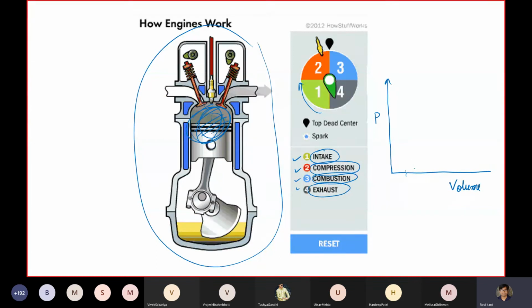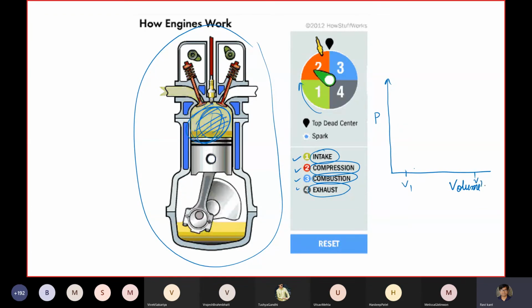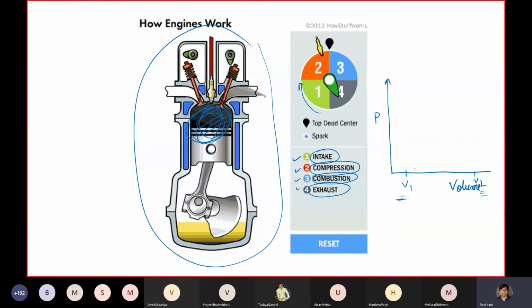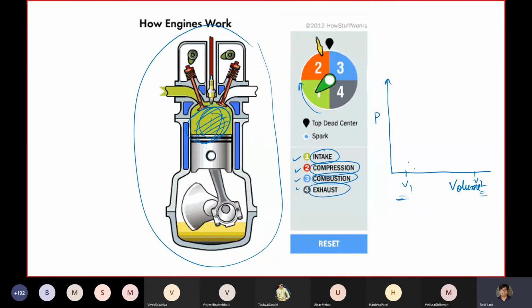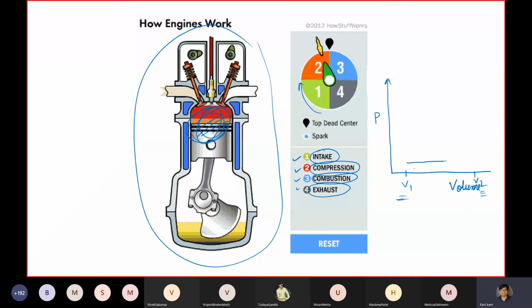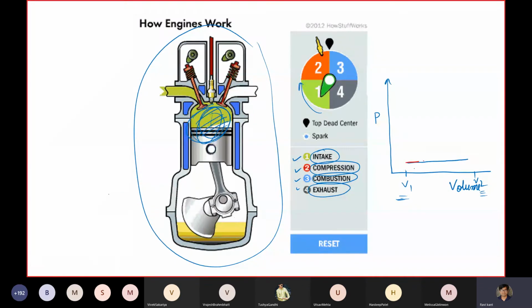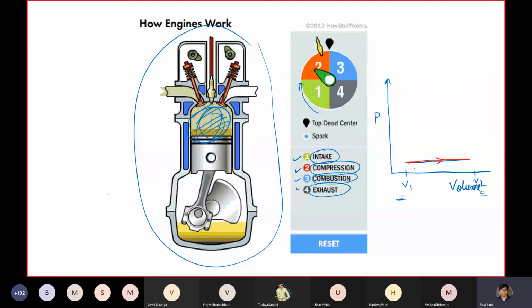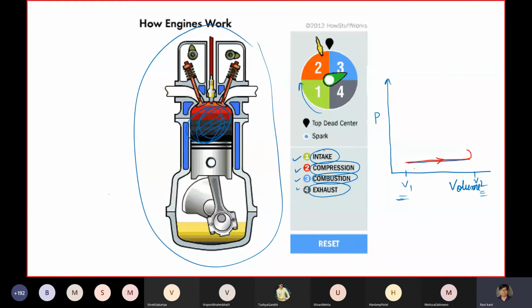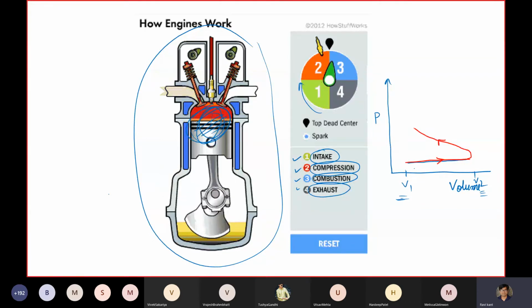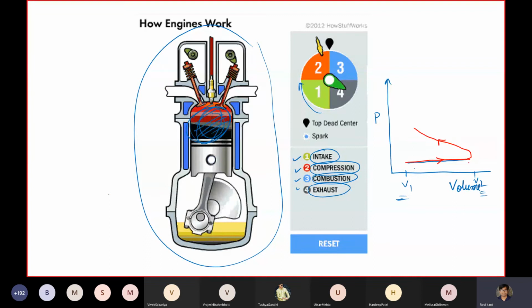Let's suppose V1 and V2 are two volumes: this is the least volume I have, and this is the highest volume I could have. It starts with the least volume, and the intake stroke goes something like this, and then it moves in this fashion, and essentially this is isentropic in nature.